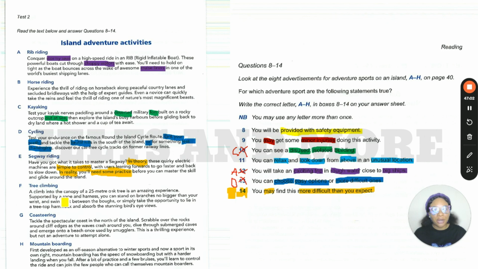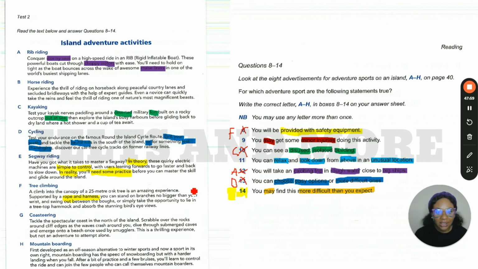So, supported by a rope and harness, you can stand on branches no bigger than your wrists. So you can imagine that. Let's highlight the rope and harness first of all.